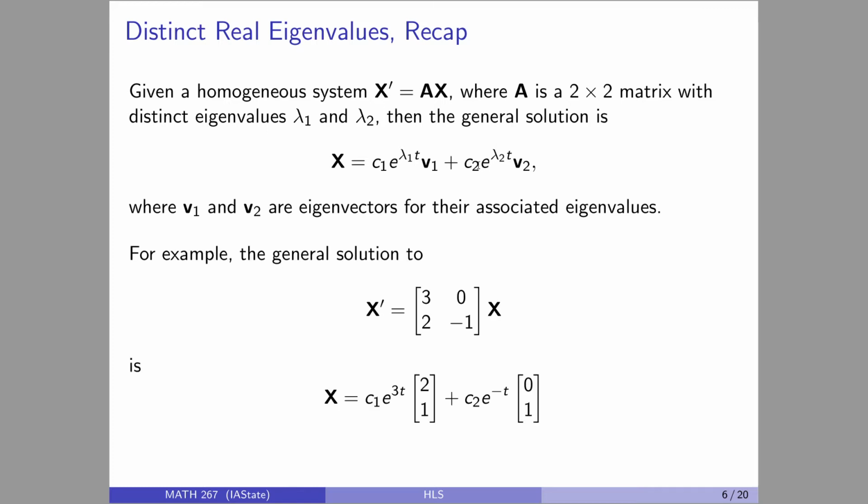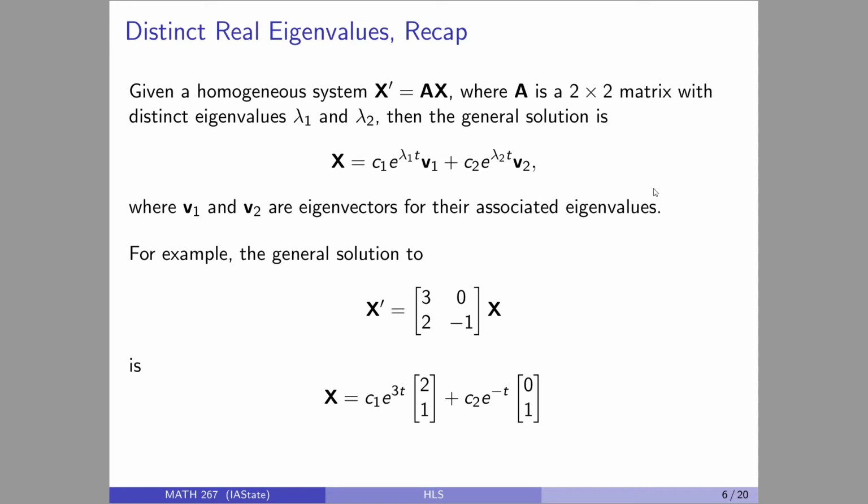That's the story. And for a quick example, the general solution to this one, so for another one, you can fill in the details that 3 and -1 are the eigenvalues, and (2, 1) and (0, 1) are the appropriate associated eigenvectors. Okay. Alright, so like I said, these techniques that we're talking about for 2x2 matrices will upscale to higher order ones.